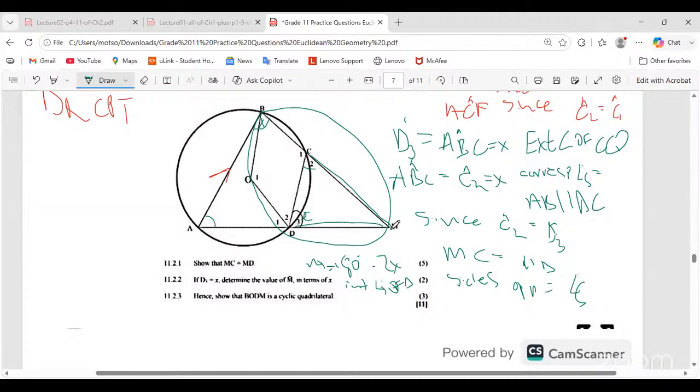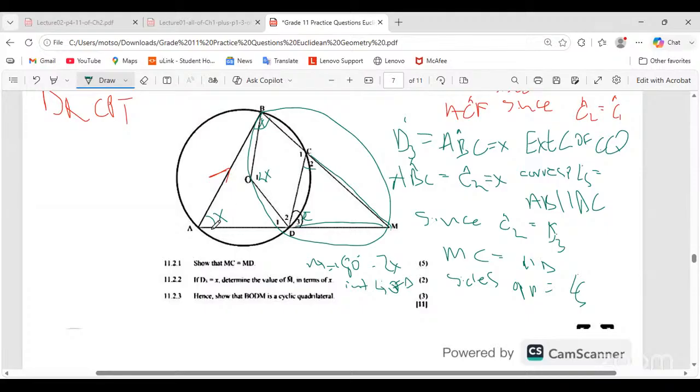Because O1 and M, we can see that they are opposite angles if this is a cyclic quad. Now, what is O1? Okay, O1 is angle at the center. This is angle at the circumference. Therefore, this will be 2x.